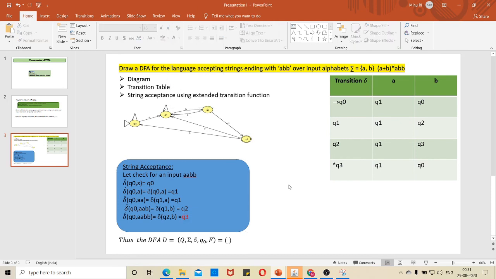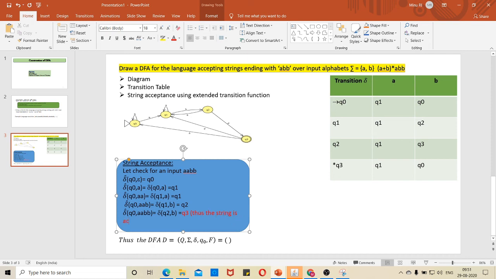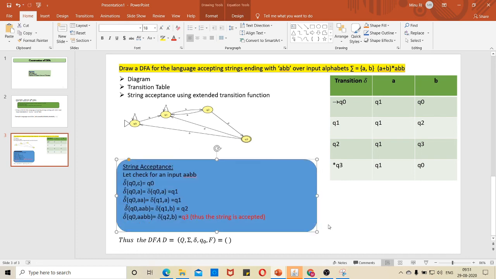Let me make it as 3. Now, Q3 is my final state, and here also I derived Q3. So, I can write this, thus the string is accepted. That is it. This carries few marks. So, writing a transition function is just a piece of cake.